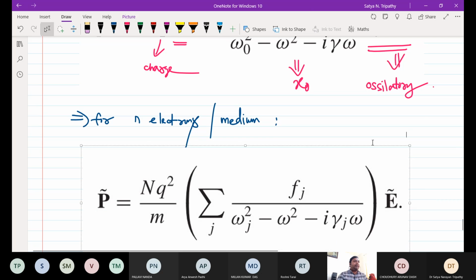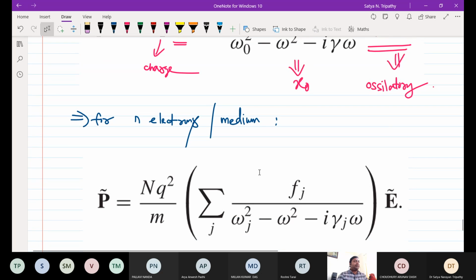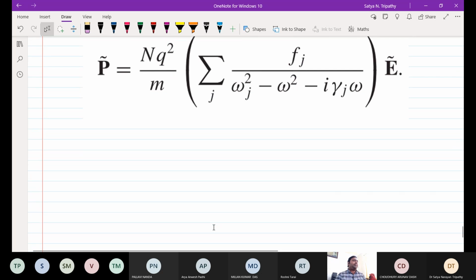It is similar, but this is for a single electron and this is for a large number. So J is for each electron, which we call an oscillator. J is called the oscillator number, and N is the number of oscillators.